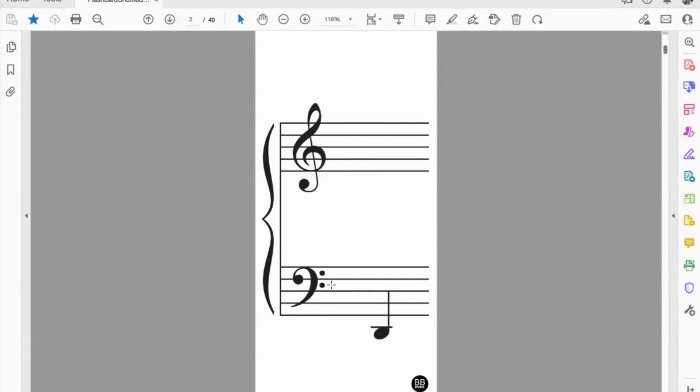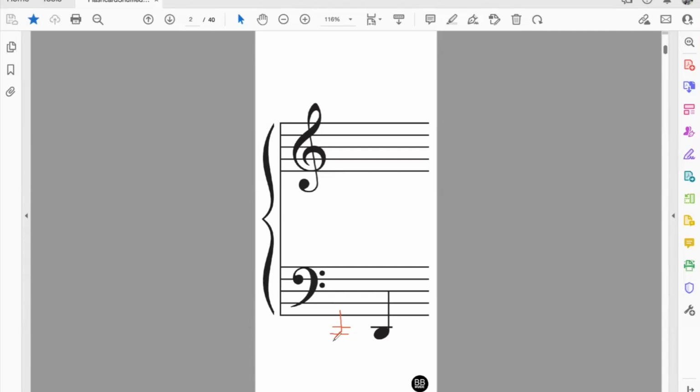Be wrong. Fail with glory. It's totally cool. Low C? It's low C. Good, you're right. So low C is two lines below. How far away? A half step? We don't know that. It's a step.